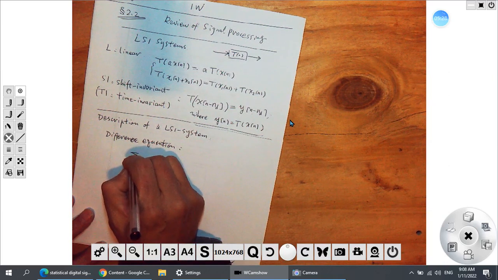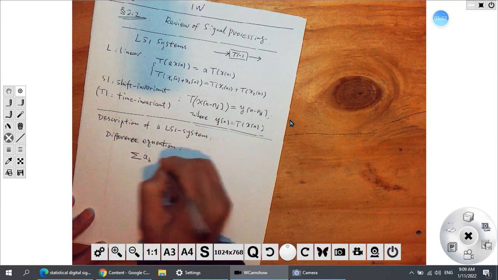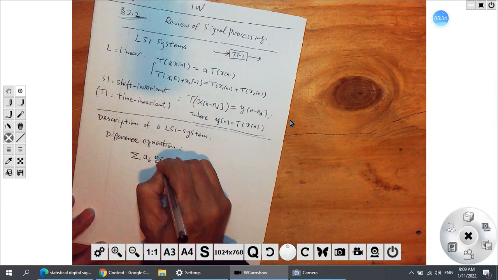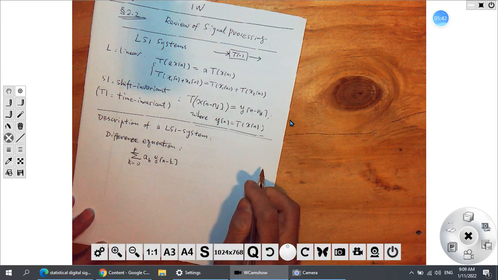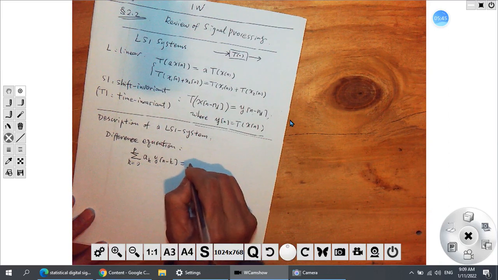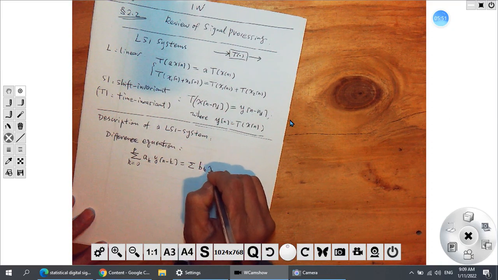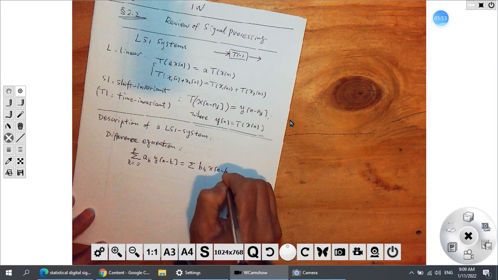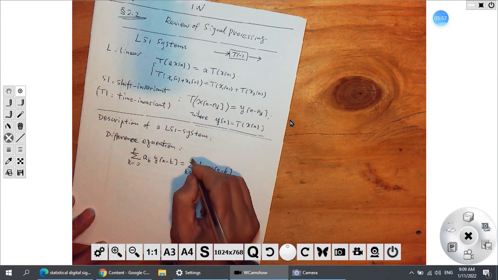It is a summation of some terms: the coefficients a_k times y[n minus k], with k running from 0 to some p, equals some other terms on the input, b_k times x[n minus k], where k runs from 0 to some q.